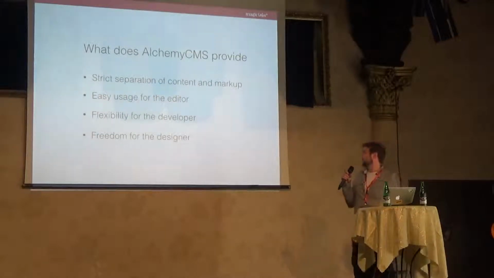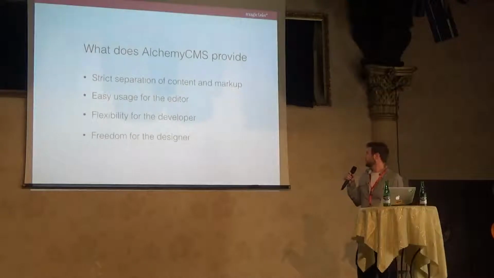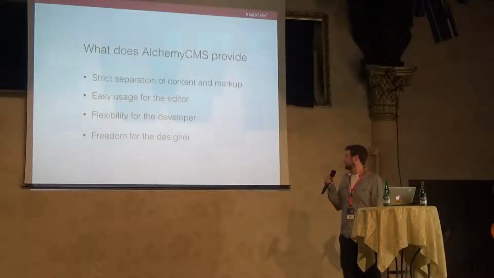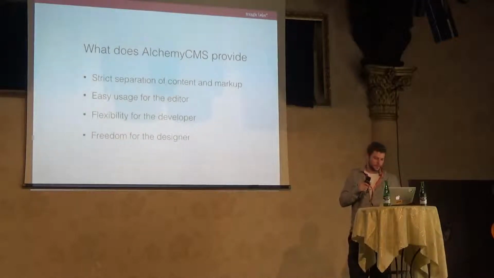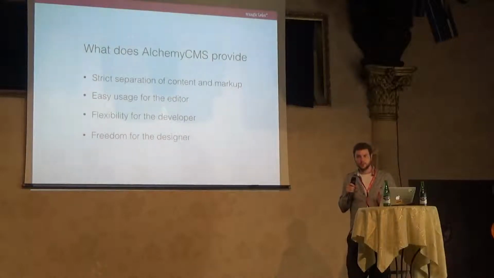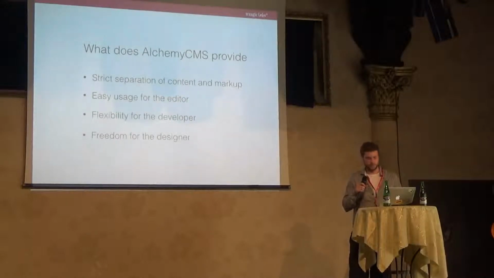This is related to the first point, because the separation of content and markup means the designer is completely free and totally independent of designing and writing the markup at all. So there's complete control for the designer of writing those things and styling.